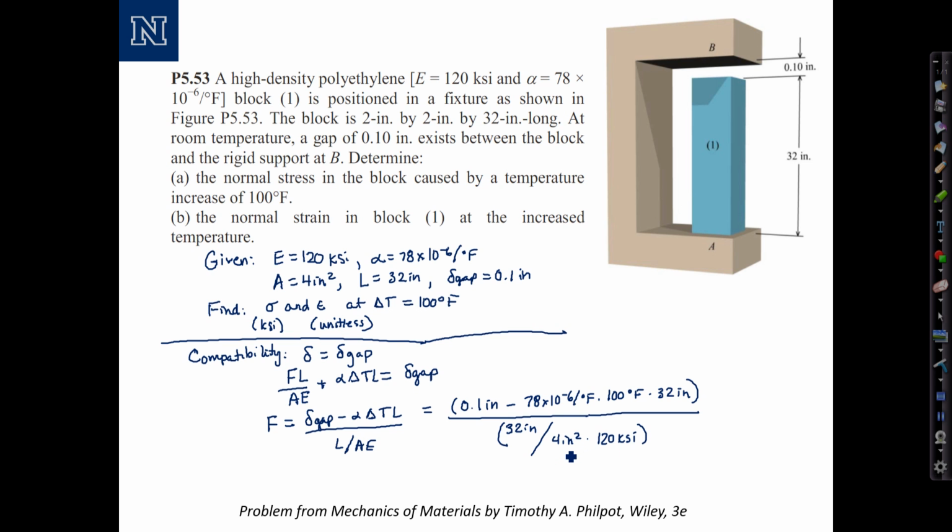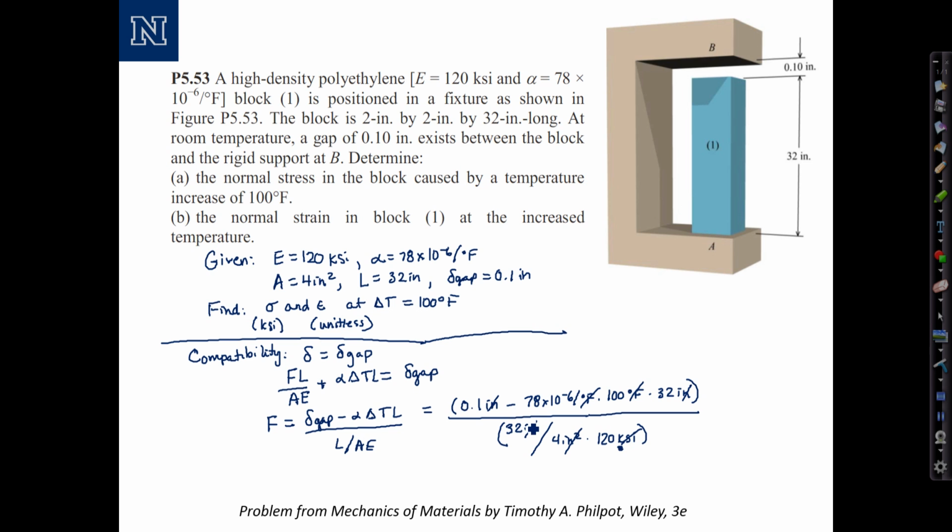Before I get an answer here, let's do some unit accounting. On the top, we have inches, degrees Fahrenheit per degree Fahrenheit times Fahrenheit cancels out. We have inches on top. On the bottom, we have kips per square inch times inches squared, so the square inch and the inches squared cancel out. This inches here cancels out with this inches here. So all the units cancel out except for the kips right here.